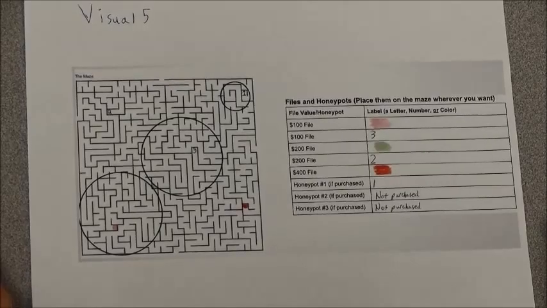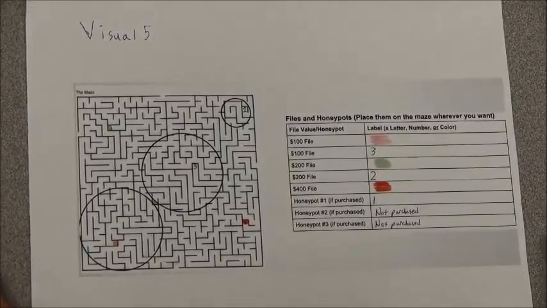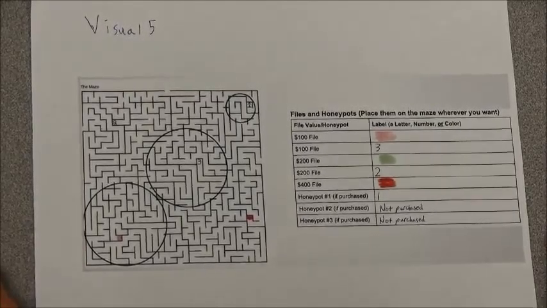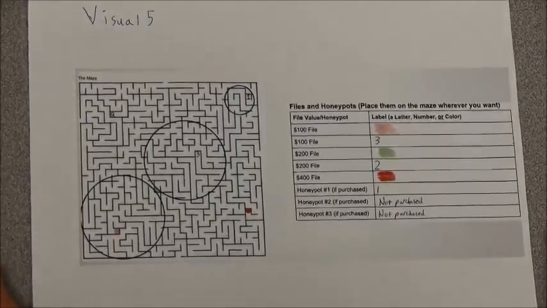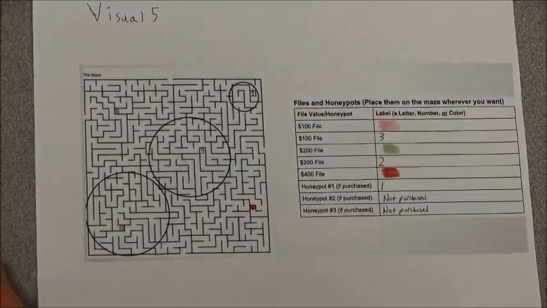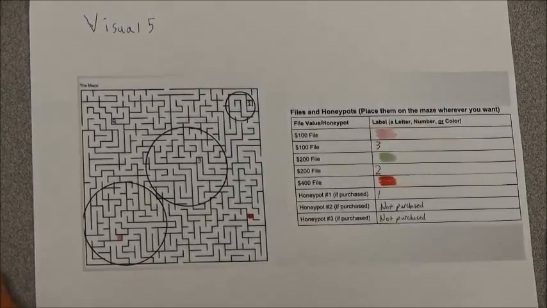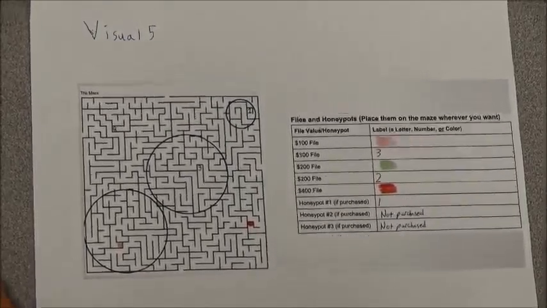Now that the students understand the budget constraint of the activity, as well as the labeling of files, honeypots, and firewalls throughout their network, the objective of the activity can now be presented. The objective of this activity is to cause the hacker to spend the most time possible inside of the maze while trying to obtain files.